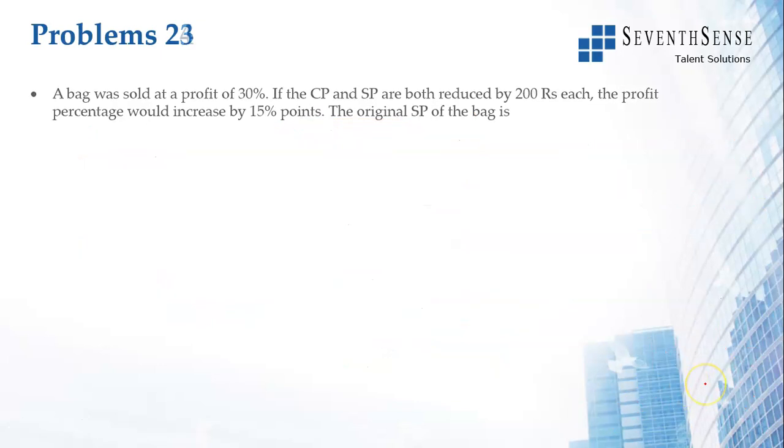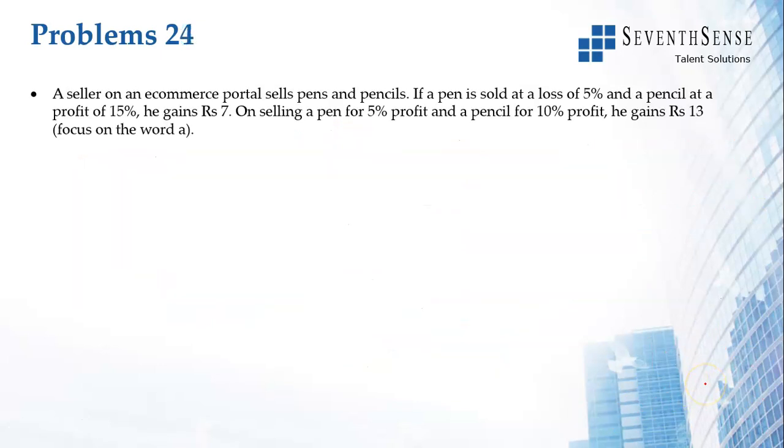Let's move on to the next question. Seller on an e-commerce portal sells pens and pencils. Pen is sold at a loss of 5% and a pencil is sold at a profit of 15%. He is gaining 7. Selling a pen for a 5% profit and a pencil for 10% profit, he is gaining 13.